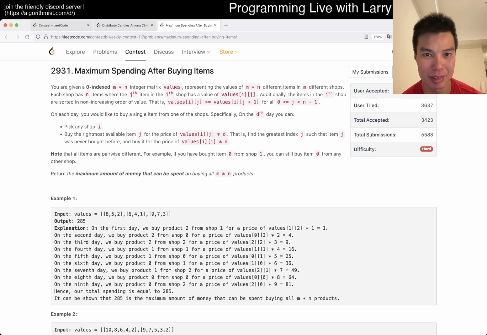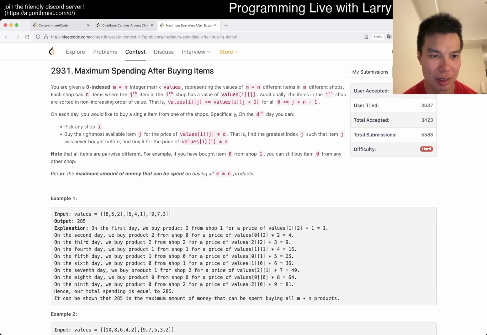Okay. There are a lot of different items in different shops. Each shop has n items. Additionally, the items are in non-increasing order, so they're decreasing order. I mean, they could be equal, fine.